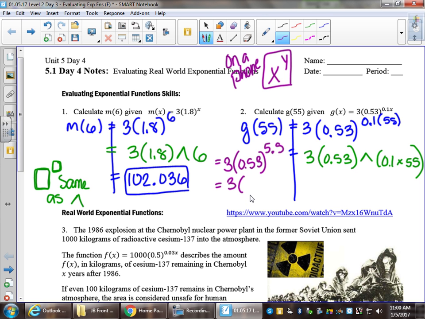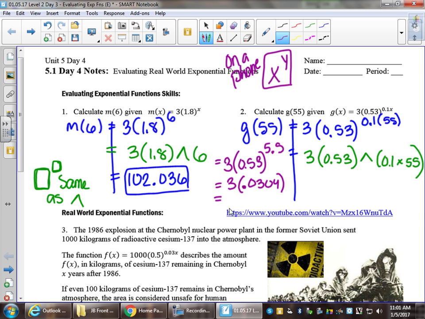Who's got that? Who's got 0.53 raised to the 5.5? I got 0.0. Let me see what you did. 0.53 raised to the 5.5 should get us 0.0304. 0.0304, and then you'd multiply that.